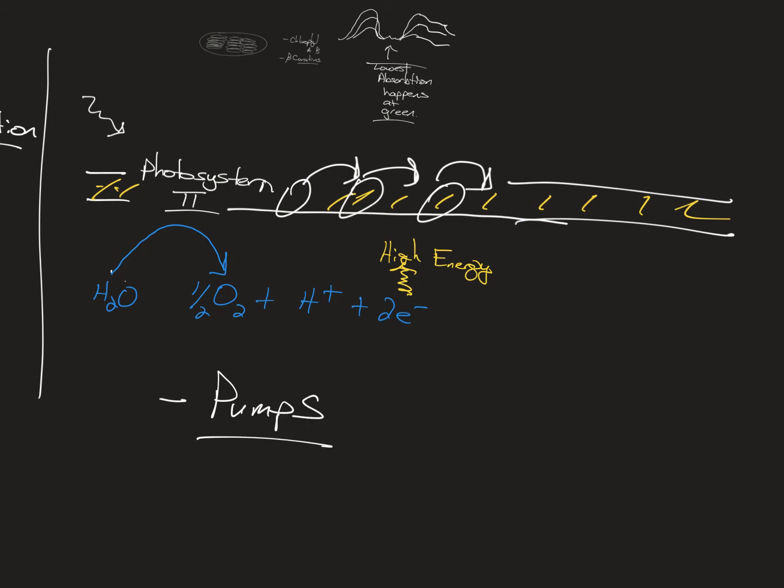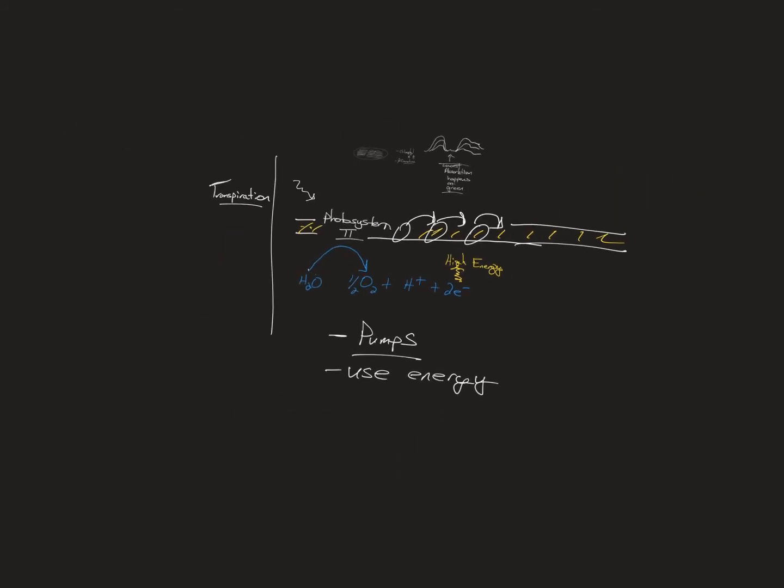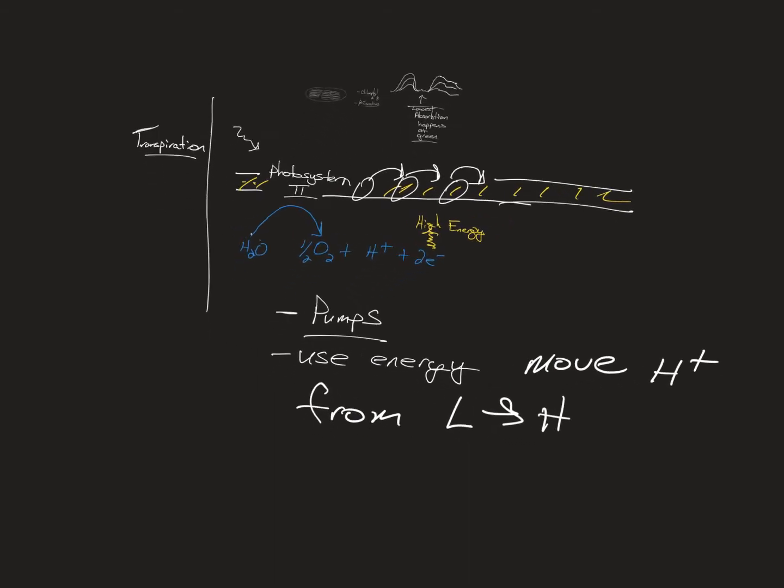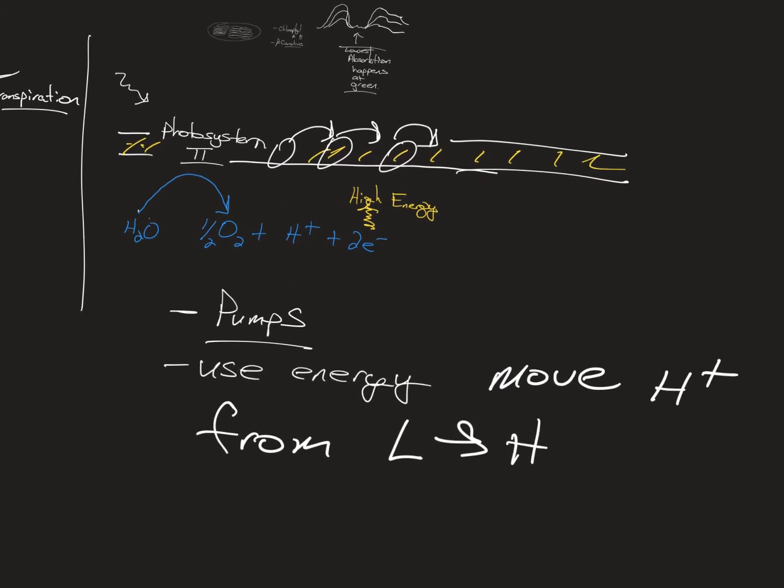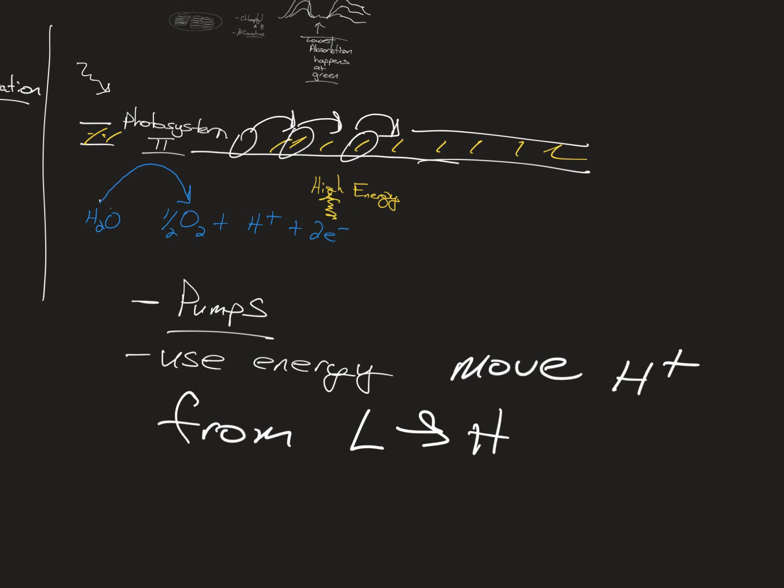They are going to use energy to move hydrogen ions, not electrons, excuse me, from low to high, meaning active transport. Now, it's interesting that ATP is not used here.